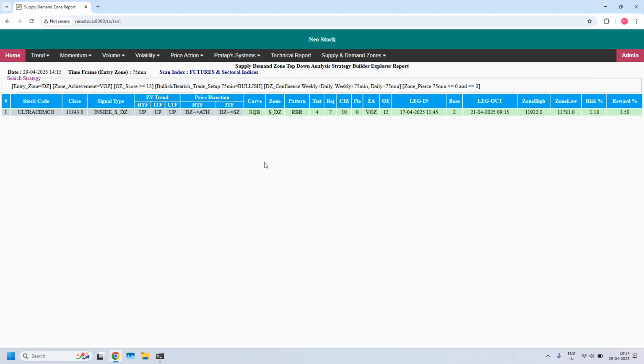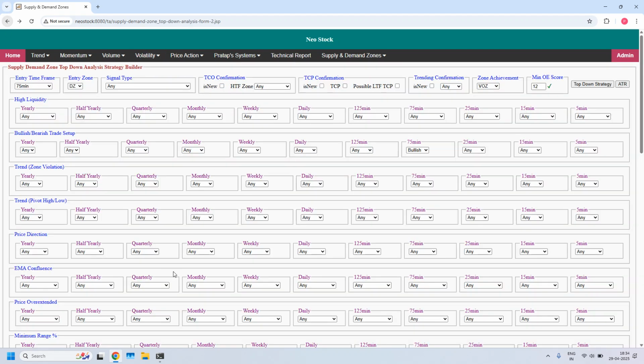In this stock, the daily demand zone overlapped with weekly demand. Both daily and weekly together overlapped with 75 overlapped with daily. Both 75 and daily overlapped with weekly. And the weekly trend is up. Let's check if this zone has a weekly demand zone with weekly EMA confluence.